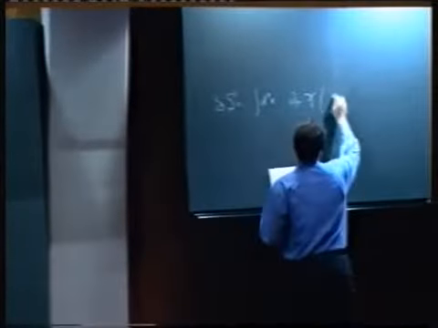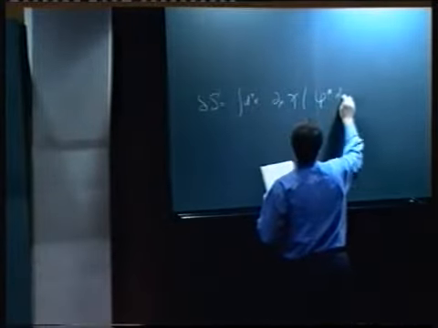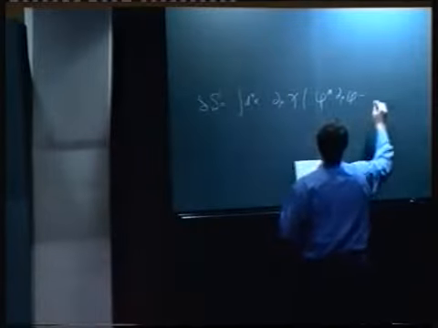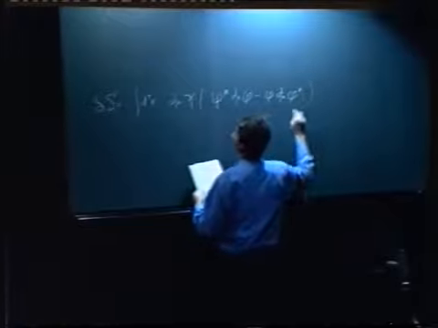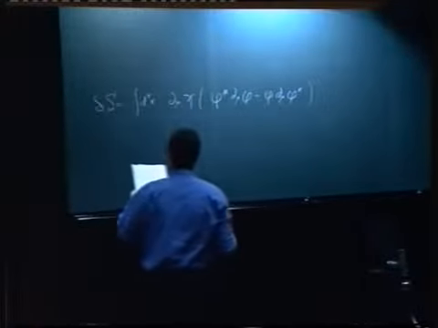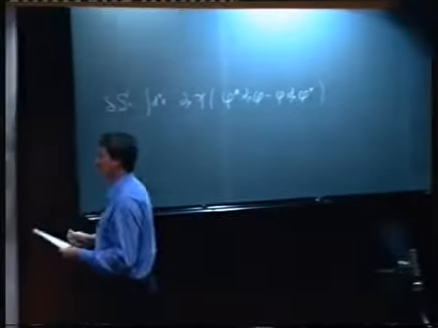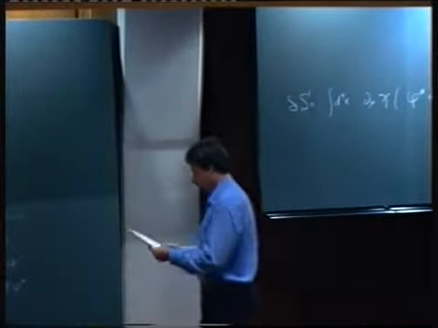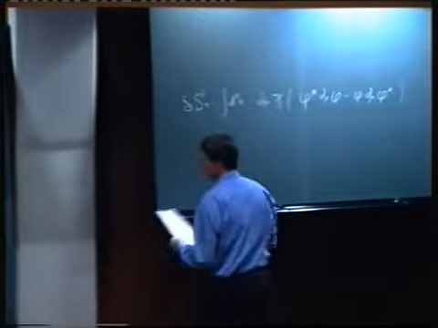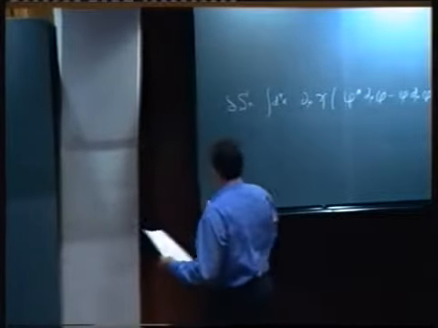So I'll find phi star d mu phi minus phi d mu phi star. That's the expression that you get, up to a factor of i.